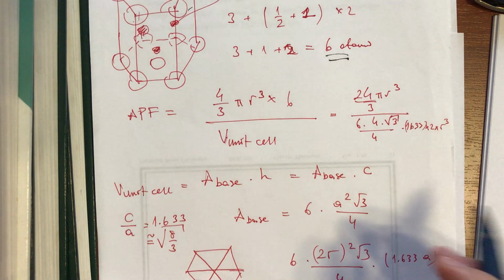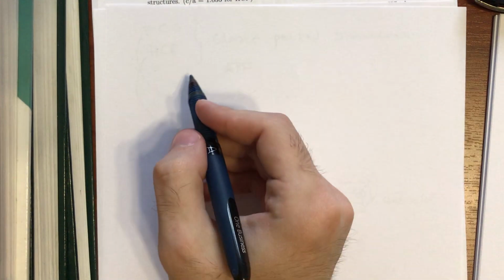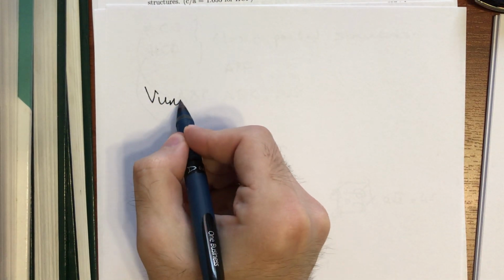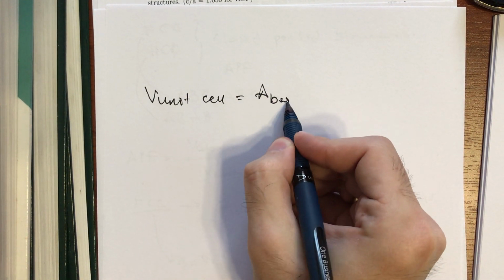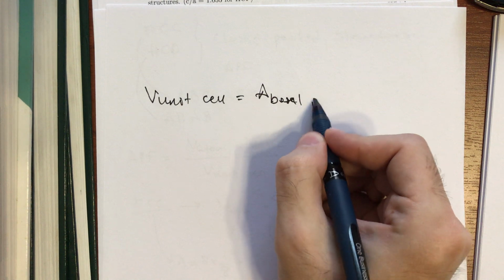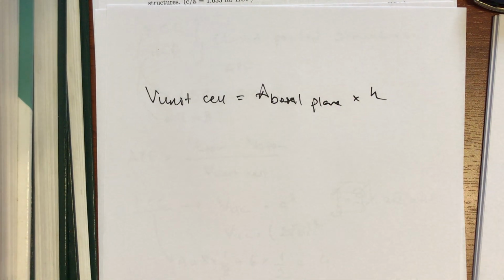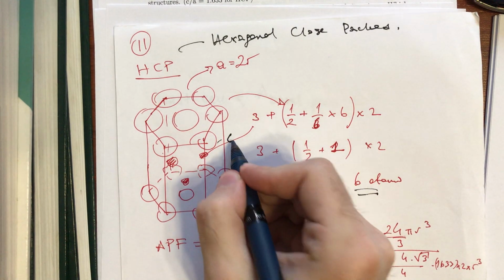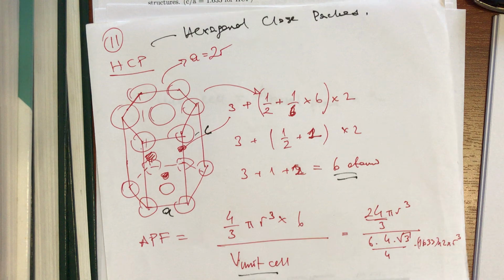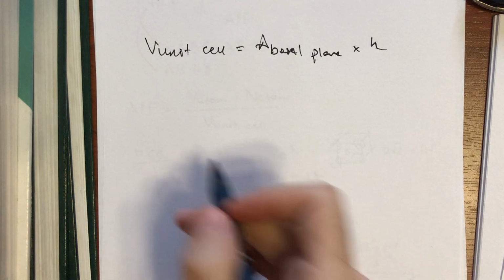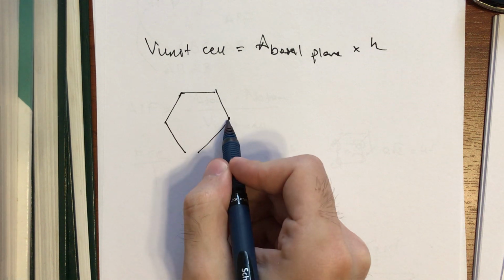Now the complicated bit is calculating this V unit cell. The volume for any given unit cell is going to be the area of the basal plane times the height, which is denoted as c for hexagonal close packed. This is a. For hexagonal close packed structures, let's draw the basal plane first.